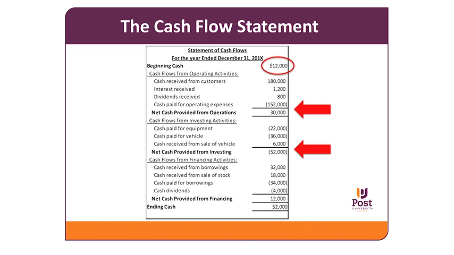As I analyze the statement further, I see that the company paid $36,000 for a new vehicle, $22,000 for equipment, and it looks like they refinanced some loans where they paid off $34,000 in loans and got a new loan for $32,000.